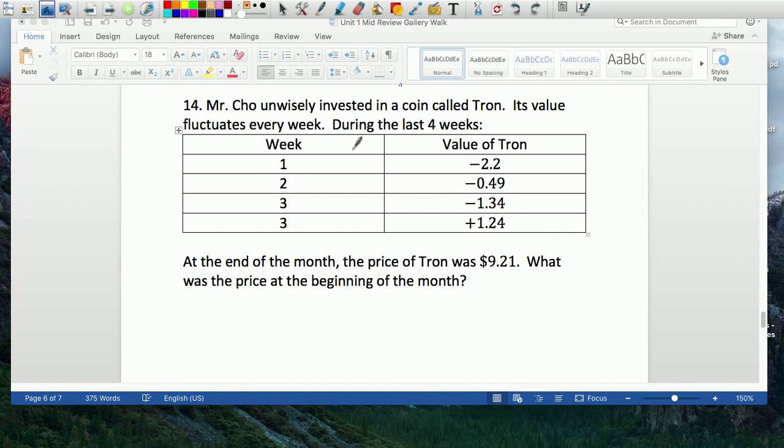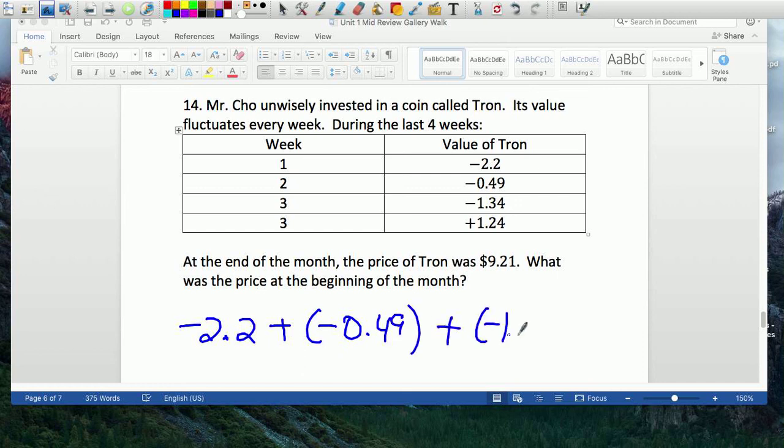So you write the price fluctuation you had. You went down the first week, it went down again the second week, went down again next week, and finally last week it went up. So I'm expressing this. So let's figure out what happened here.